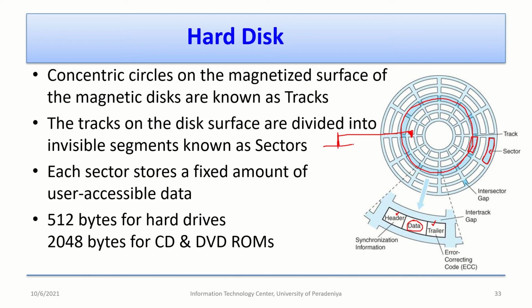This head has a translational movement in this direction, right to left, and then the hard disk rotates like this. If you want to access this particular sector, the disk will rotate like this.